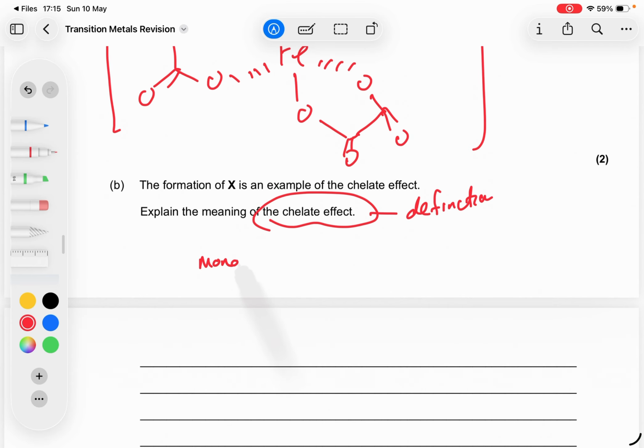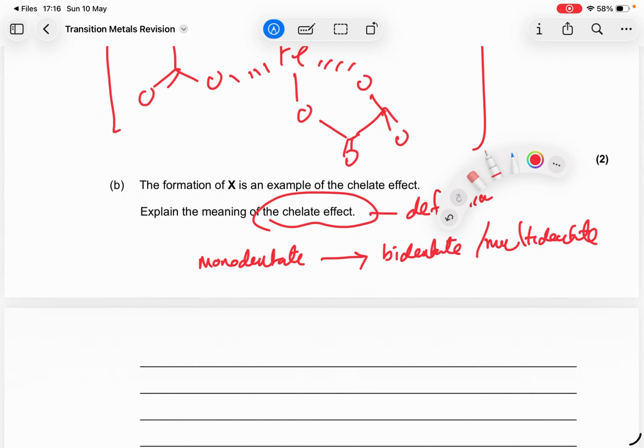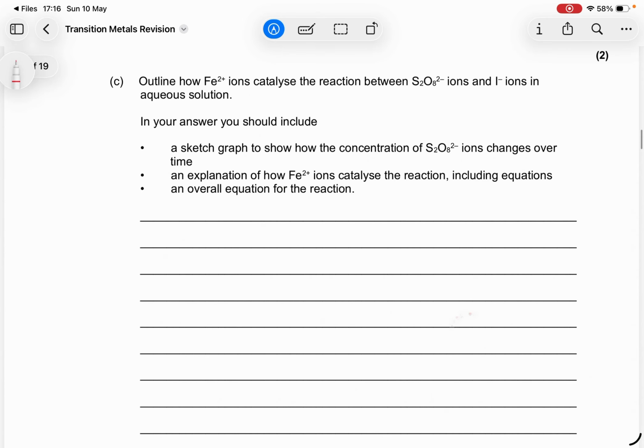Basically, a monodentate ligand is replaced by a bidentate or multidentate ligand, resulting in a much more stable complex because there is a positive entropy change, or entropy increases on the right hand side, and the delta H is negligible, which means delta G will be negative, so the reaction is very much feasible.